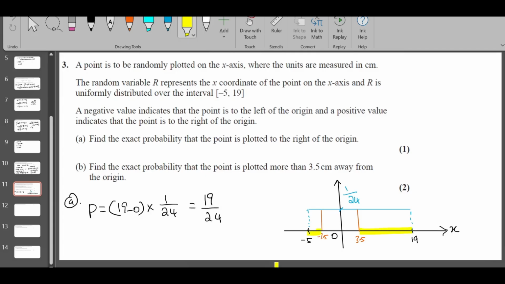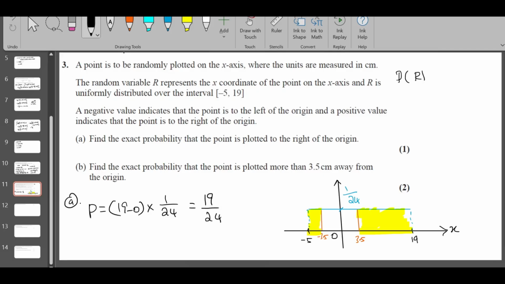So the probability is the same as finding this area plus this area, right? The distance from the origin is R, so R should be more than 3.5. So it can be on the positive side or left hand side, and we need to write it as a positive number or negative number.